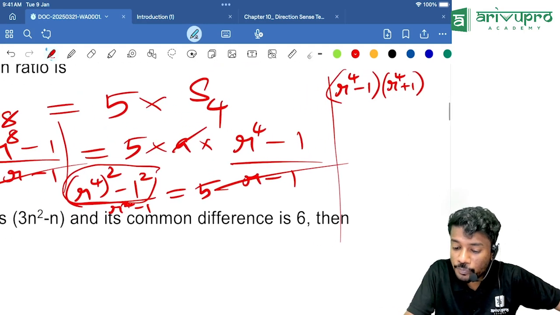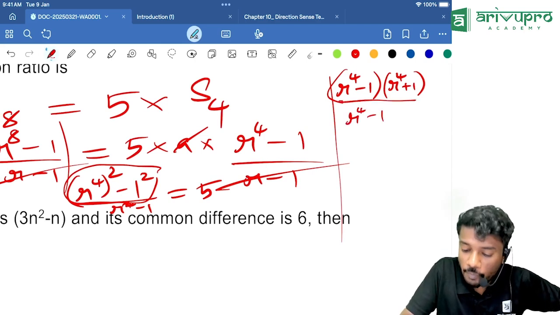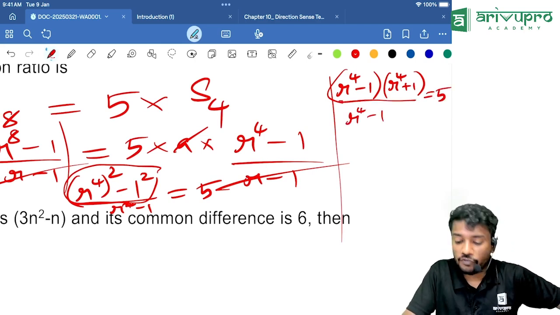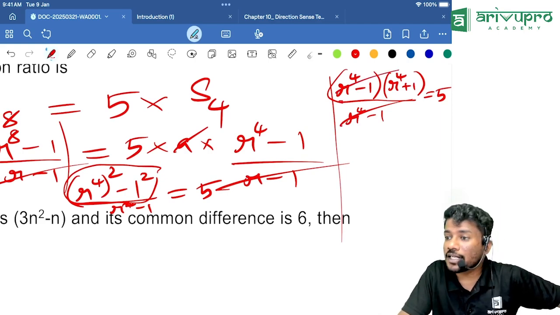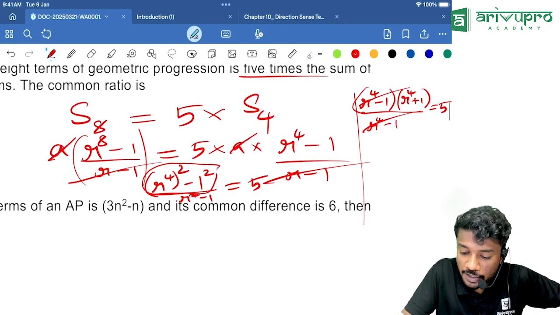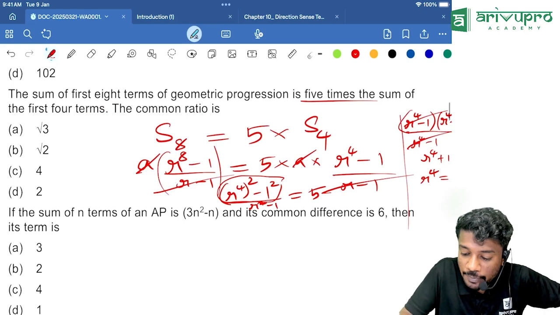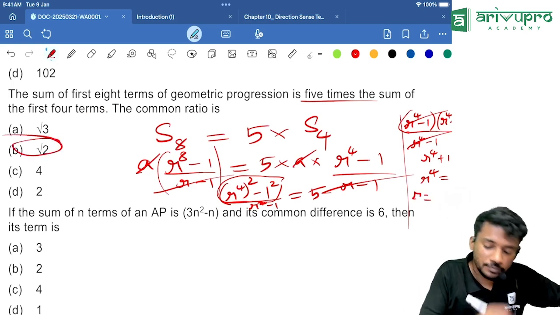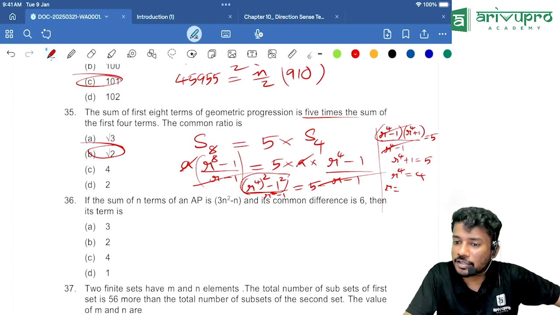Will anyone stop you from doing that? No. Divided by R raised to 4 minus 1, which is equal to 5. R raised to 4 minus 1 cancels. What is remaining? R raised to 4 plus 1 is equal to 5. R raised to 4 is equal to 4. Then R will be how much, people? Square root of 2. Got it?